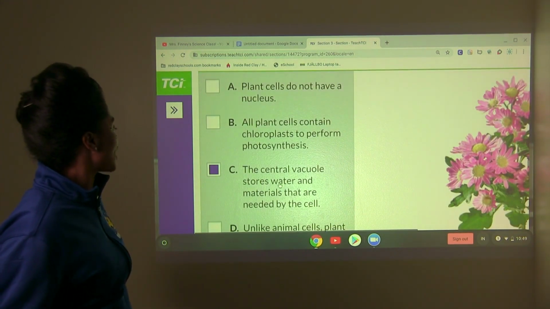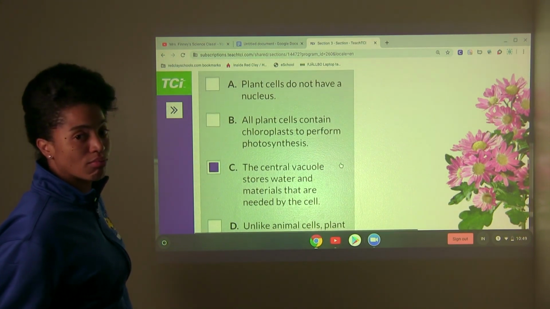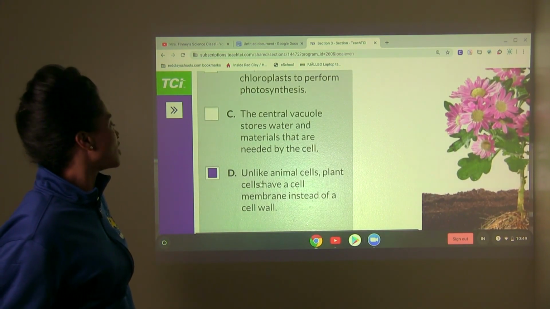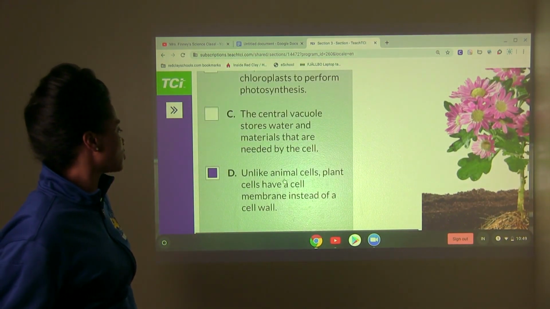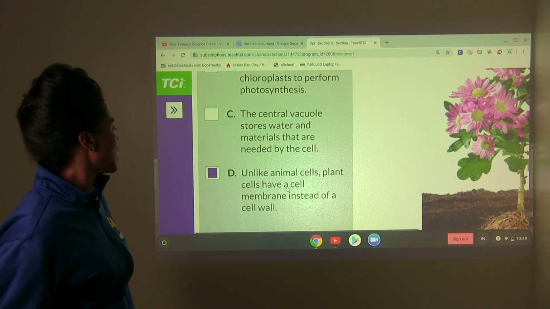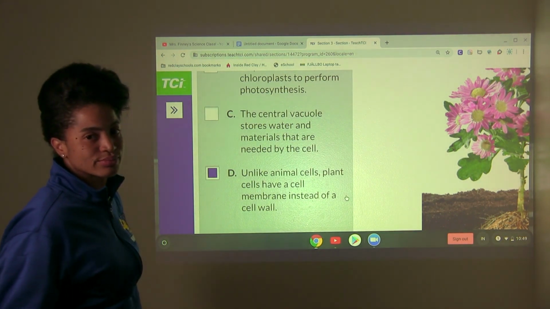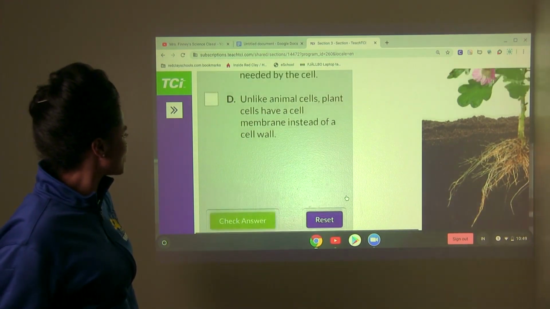The central vacuole stores water and materials that are needed by the cell. What do you think? True or false? Unlike animal cells, plant cells have a cell membrane instead of a cell wall. What do you think?